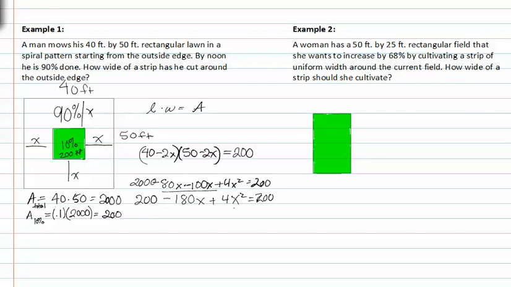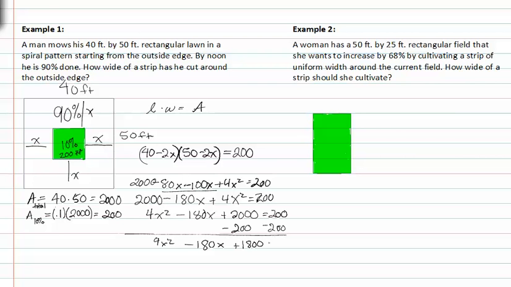Writing our terms in order of descending exponents, we get 4x squared minus 180x plus 2,000 equals 200. Subtract 200 from both sides, and we get 4x squared minus 180x plus 1,800 is equal to 0.